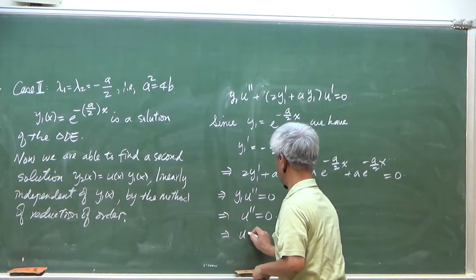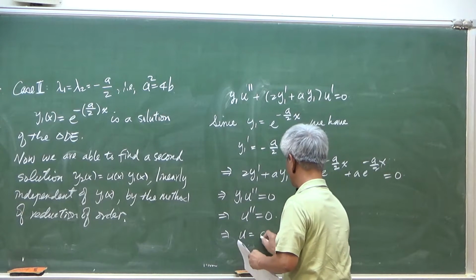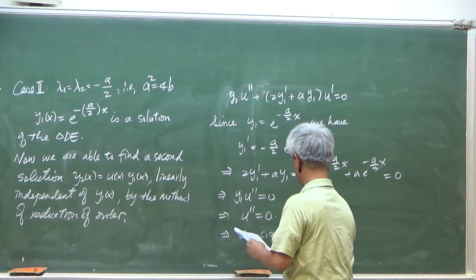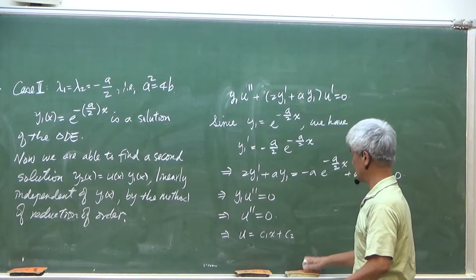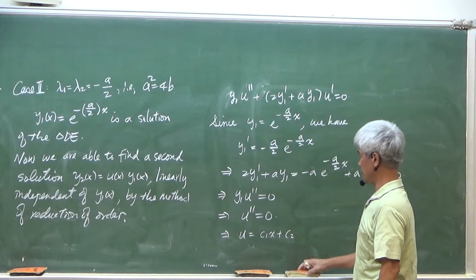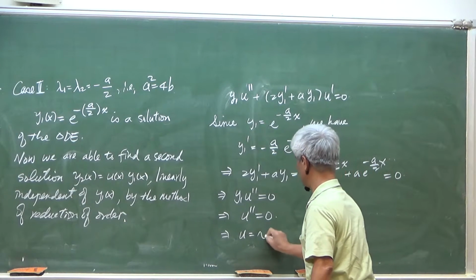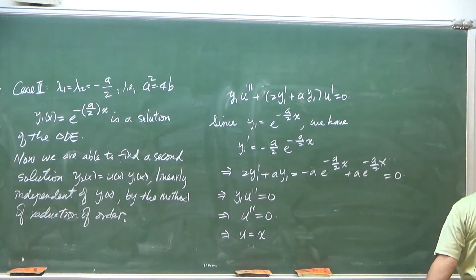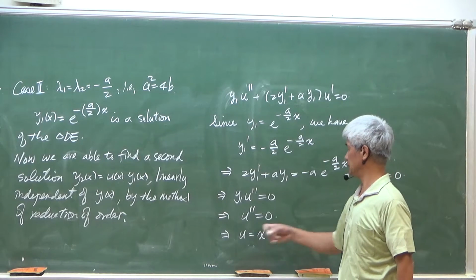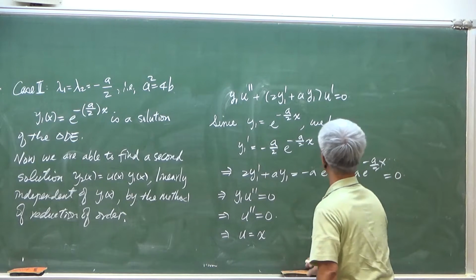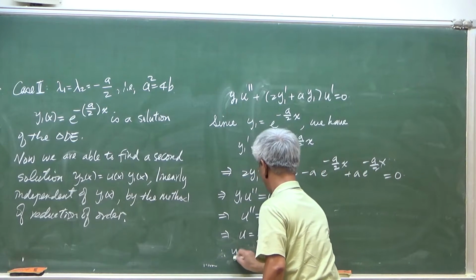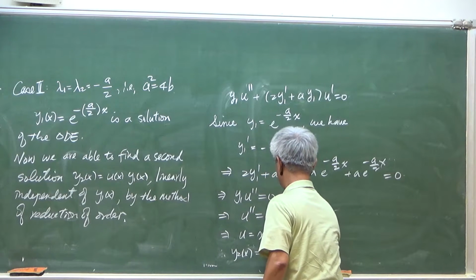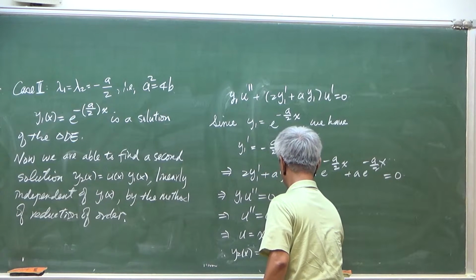The only solution is C1 x plus C2. There are many solutions, but just finding x is enough. Just find a very simple solution. So we just select u equal to x. So y2 of x is equal to u times y1 of x.